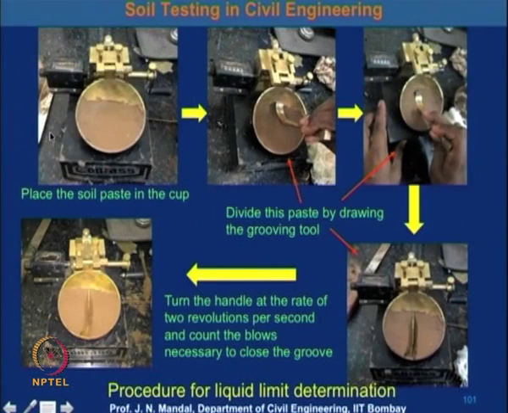Now, here that procedure for the liquid limit determination is shown. So, initially place the soil paste in the cup, okay, and then divide this paste by drawing the grooving tool.